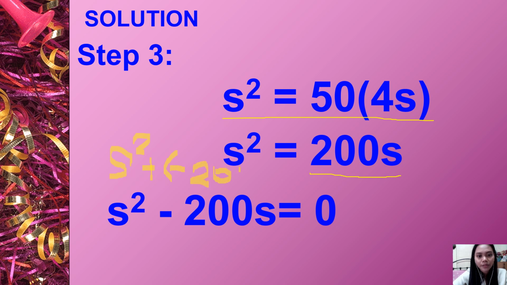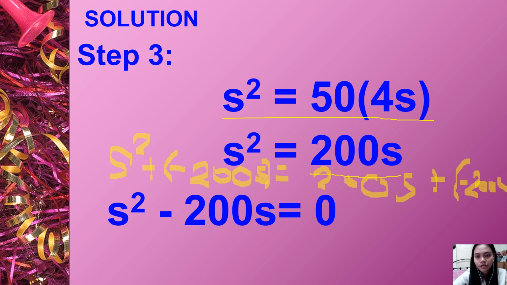So, gumamit tayo ng addition property of equality, no? Since this is an equation. Then, on the right side, I'll be adding again. This is 200s. So, kung ano yung dinagdag mo sa left, ganun din sa right. So, this is negative 200s too.